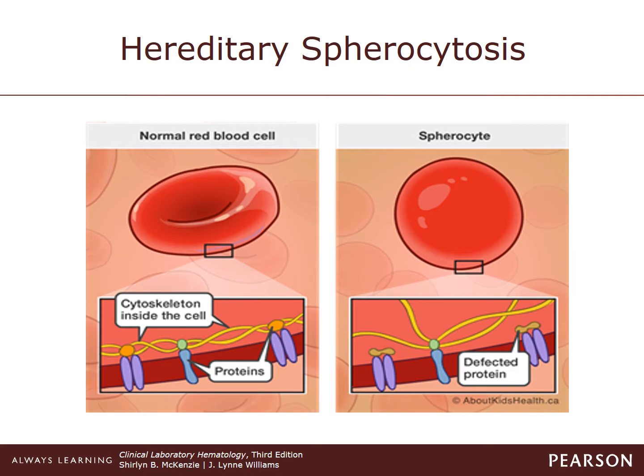So you have membrane loss, you have a decrease in surface area to volume ratio, and changes in shape from a normal discocyte to a spherocyte, which increases the cytoplasmic viscosity and reduces cellular flexibility. Eventually, these cells will be trapped in the spleen. They lack flexibility, so you will have them hemolyzing.